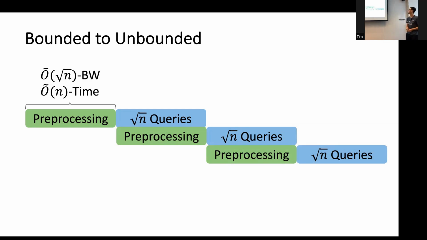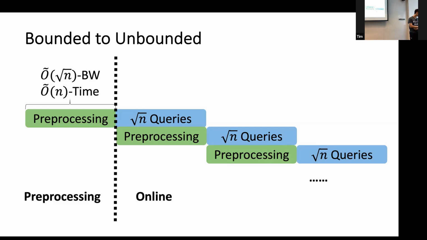And now, as you can see, the true preprocessing phase is only the preprocessing phase of the first instance. Everything else, we can think of as the online phase. So in the online phase, you just keep querying, but in parallel with the queries, you run some preprocessing computation. By doing this stacking and pipelining idea, we can go from bounded queries to unbounded queries.